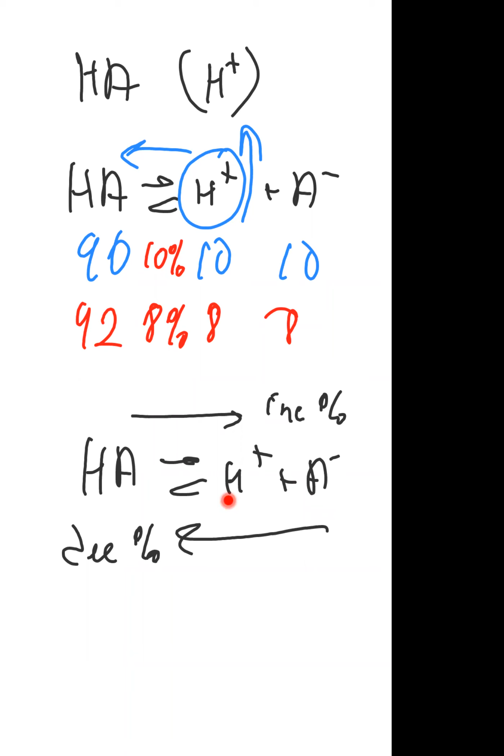Since you are producing fewer ions, your percentage ionization decreases. Just the other way, anything which increases the concentration of ions, since you are producing more ions in the solution, will result in an increase in ionization percentage. Did you get the idea?